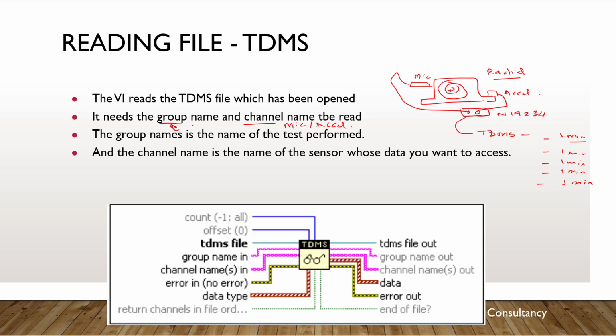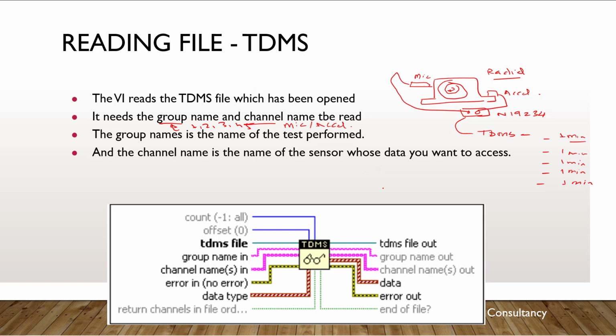So the group name will be 1, 2, 3, 4, and 5. That's where the group comes into the picture. And on top of that, you will see the microphone and accelerometer data output as well.